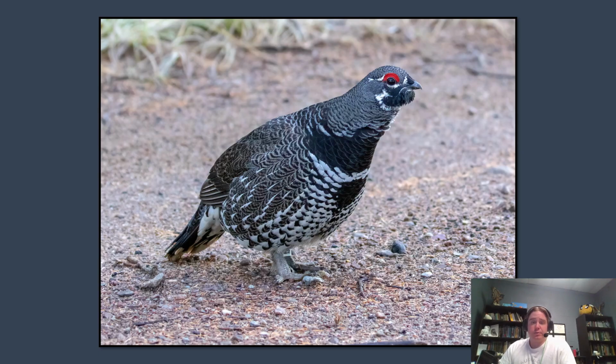The spruce grouse is a bird that mostly eats conifer needles, and they are not particularly nutritious. They're highly fibrous and of poor nutrient quality.